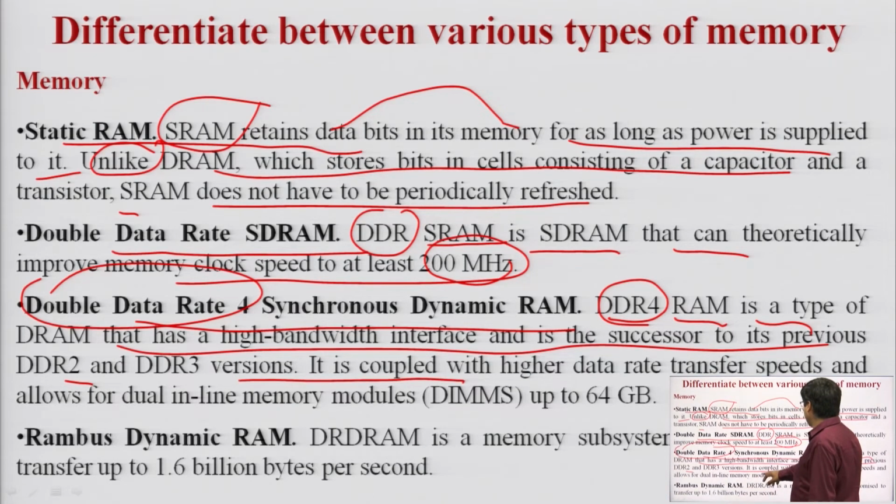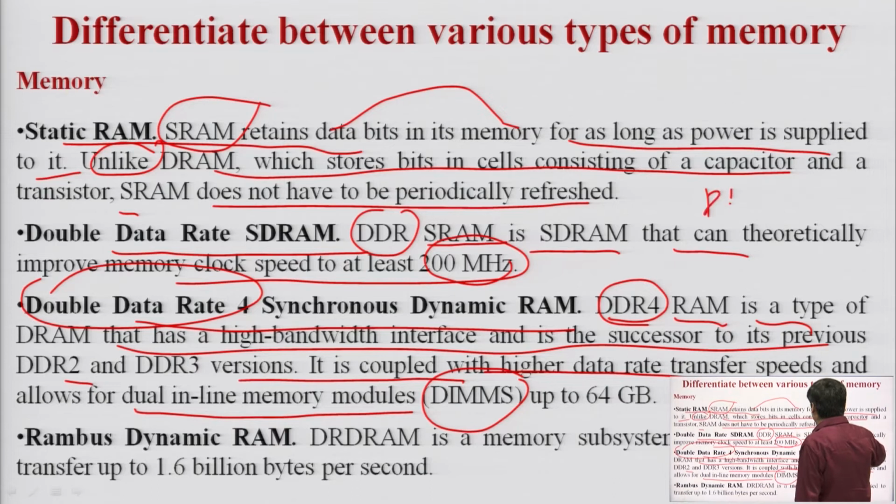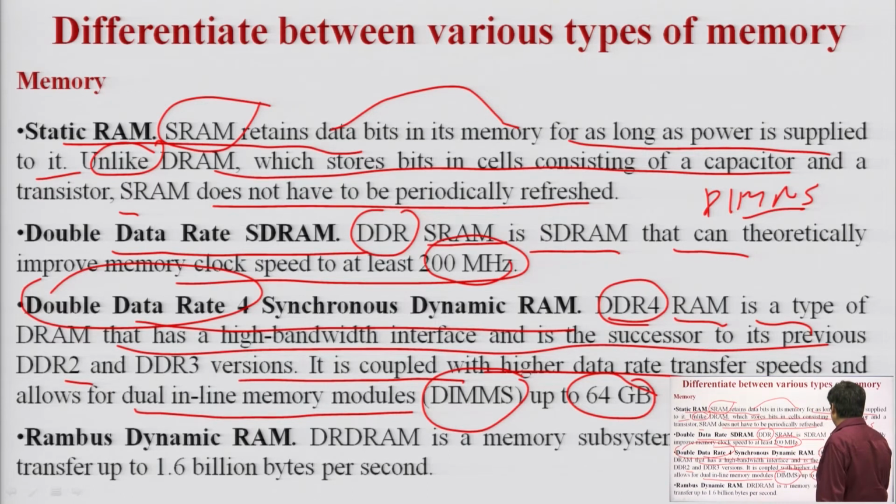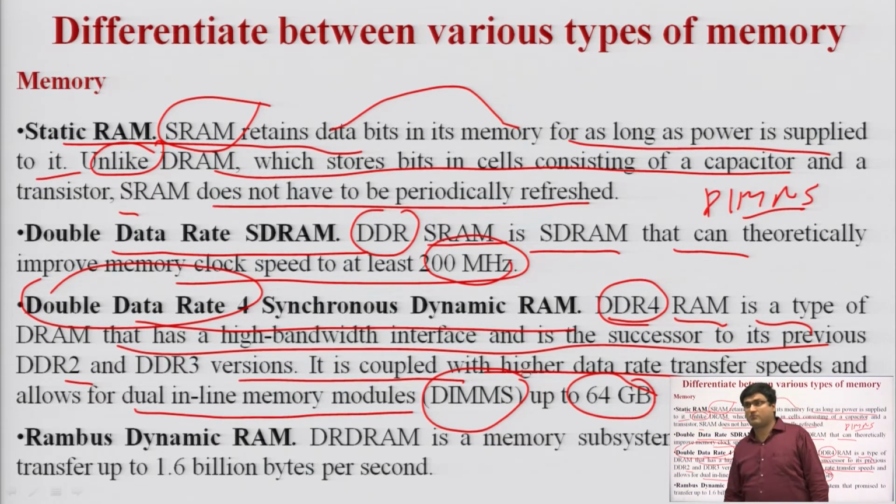It is coupled with a higher data transfer speed and allows for dual inline memory modules, DIMMs. It has the largest storage area and its execution speed is fast as compared to other devices. Its speed is mainly in gigabytes per second.